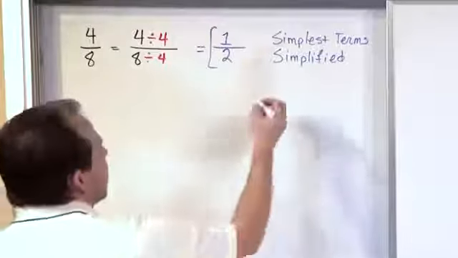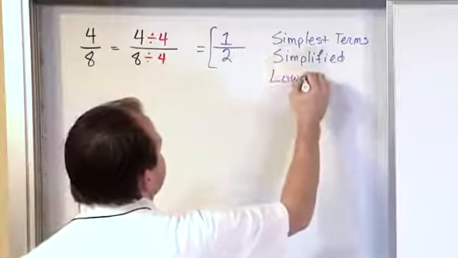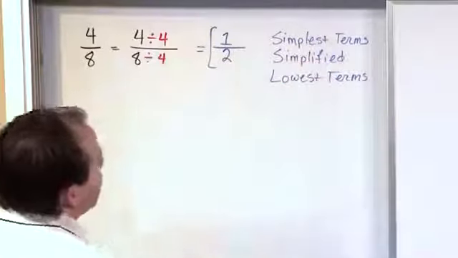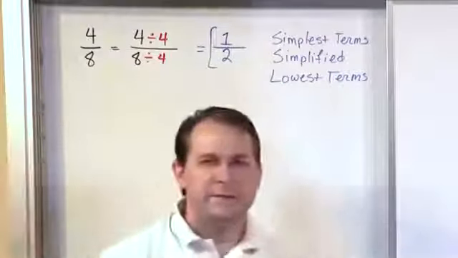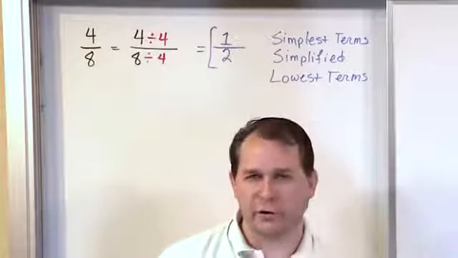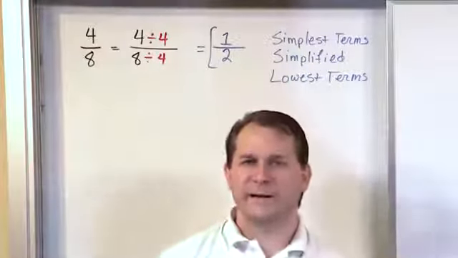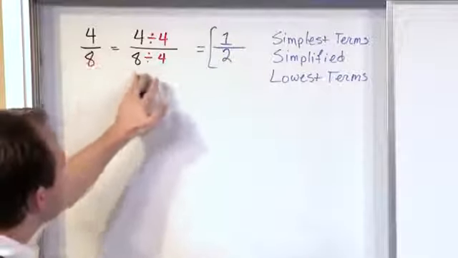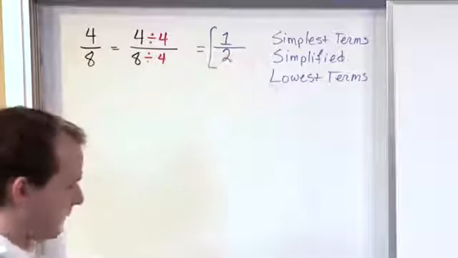You might also see it called lowest terms. It's important to understand that all three of these terms mean the same thing. If you see somebody asking you to make a fraction in simplest terms, or lowest terms, or simplify it, or something like that, those are all saying the same thing. Try to divide this thing by something that will give you something simpler.